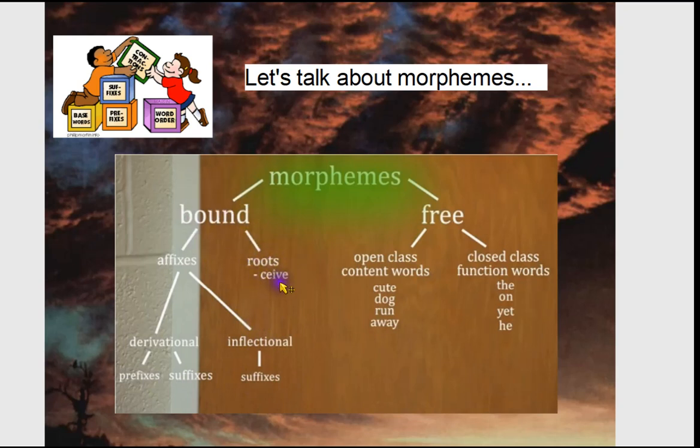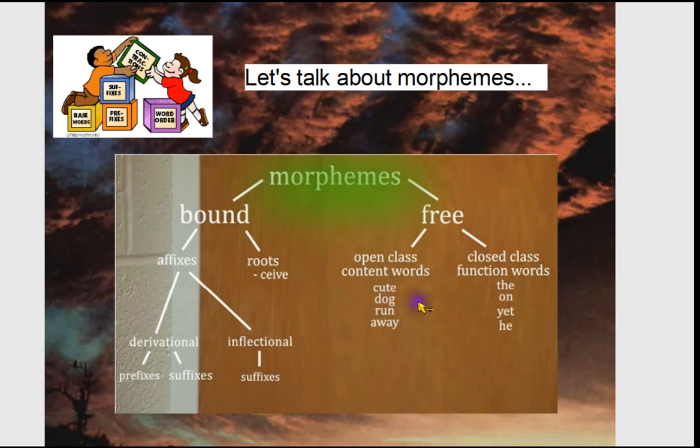Among the bound morphemes, we have the roots. For example, sieve. Now, the free morphemes, they're called free because they don't need something around them to have a meaning. So we have open class, like content words, cute, dog, run, away. So they have a meaning on their own. They don't need anything else. We know what cute is.